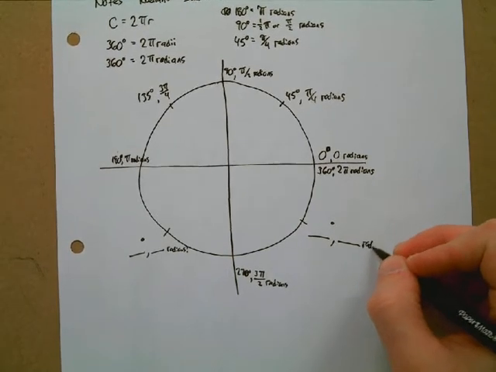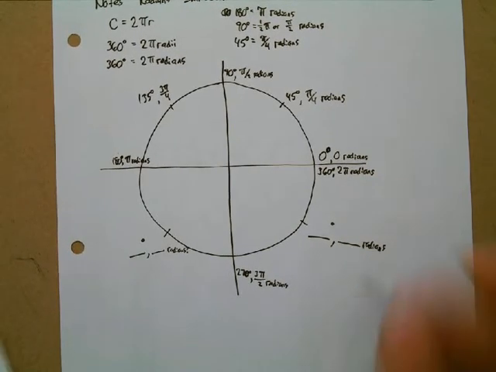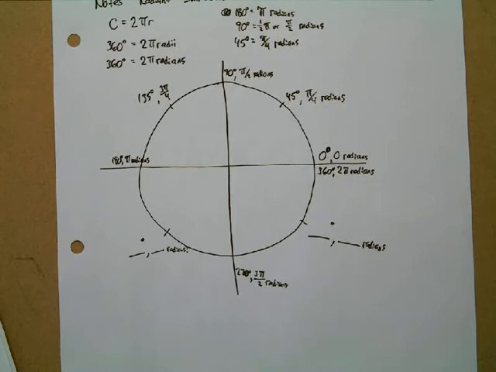Remember, we're going pi over 4 or 45 degrees away there, or pi over 4 less and 45 degrees less. Let's take a minute there and try to figure those out.